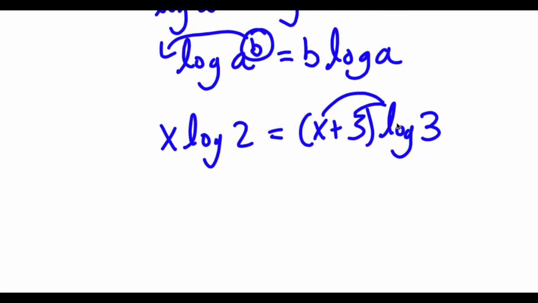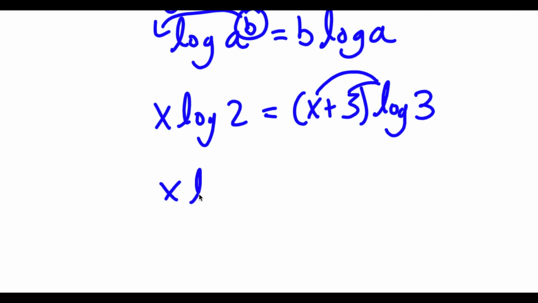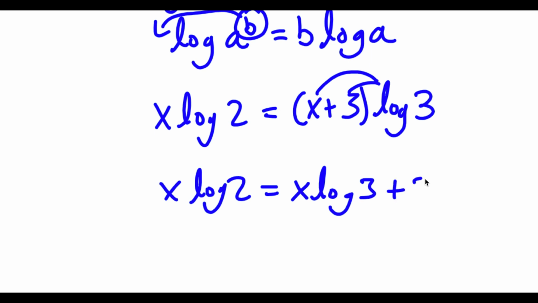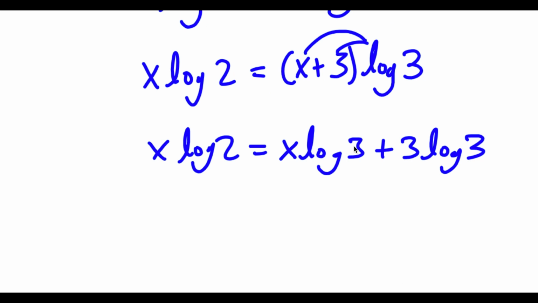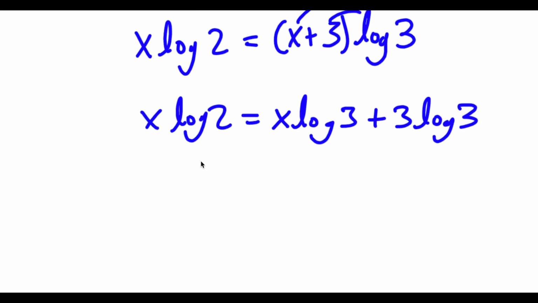Now if I distribute log 3, I get x times log 2 is equal to x log 3 plus 3 log 3. Now I'm going to subtract x times log 3 on both sides.